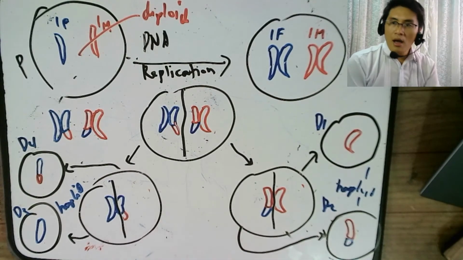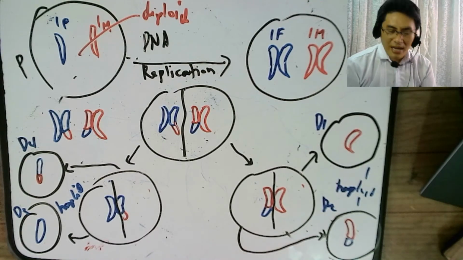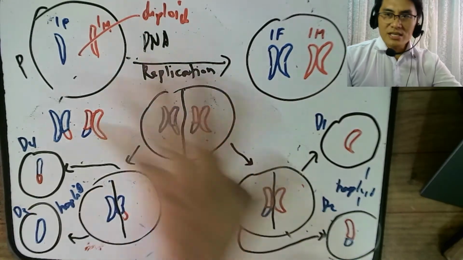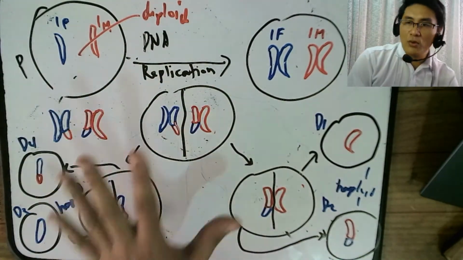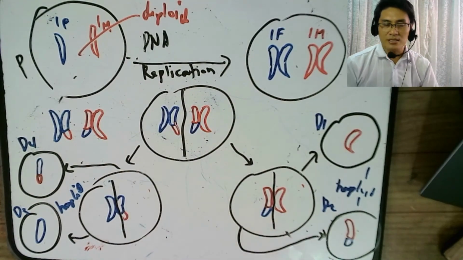One chromosome. And then you might ask, why is that? Well, because as you learned from grade 8, meiosis is for the production of sperm cells and egg cells, so gametes. And these gametes, remember, have to combine.